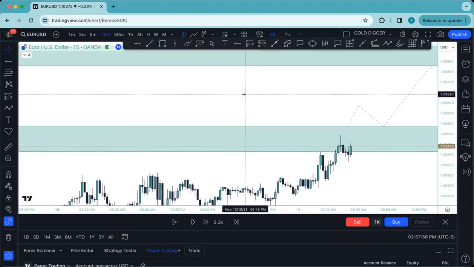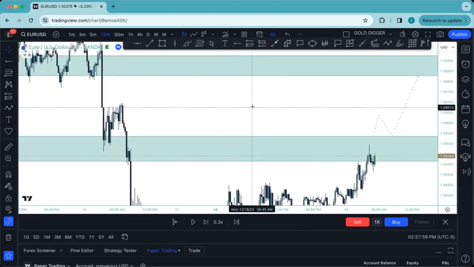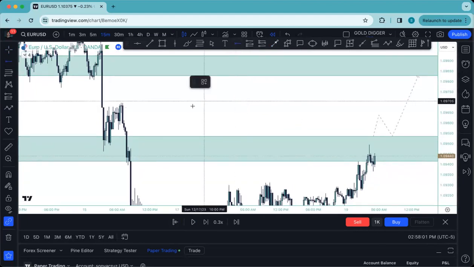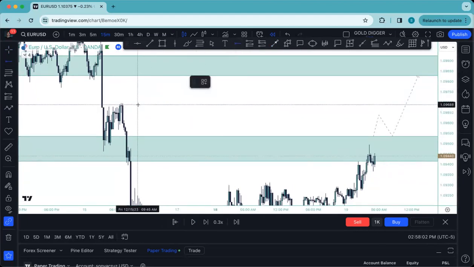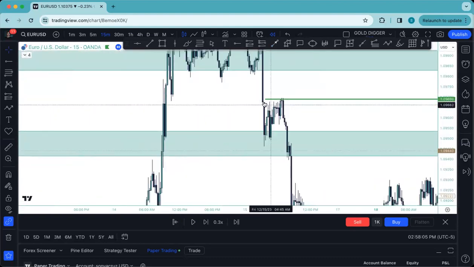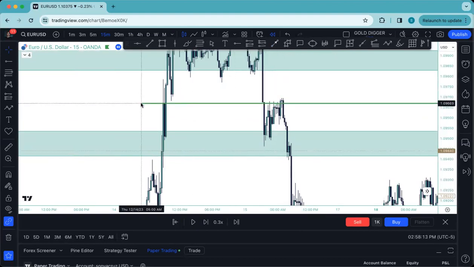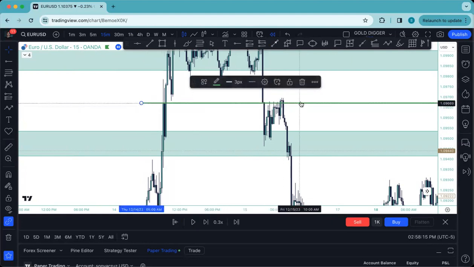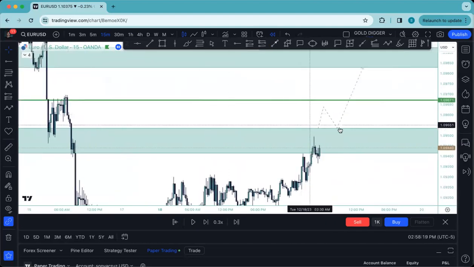Or, if you don't trust taking it that far up the zone, then you look left, right? And you see some data points where the market stopped before. So we know it stopped there before and right there, so we have a pretty good solid data point. If you wanted, you can just take it there.